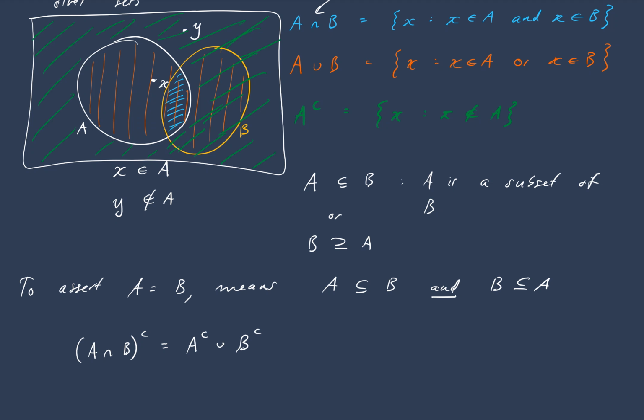The complement of A unioned with the complement of B gives me everything not in the intersection. And similarly, we have a similar rule for unions. If I take the complement of the union, then I get the intersection of A complement and B complement. And these are known as De Morgan's laws.